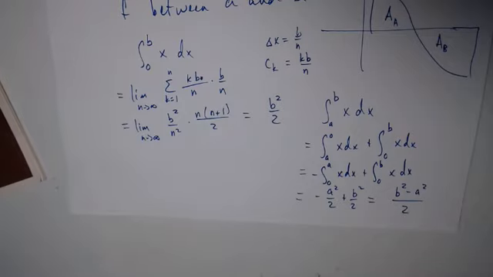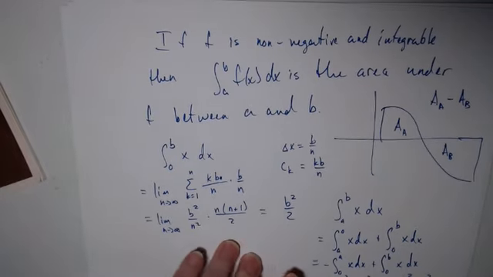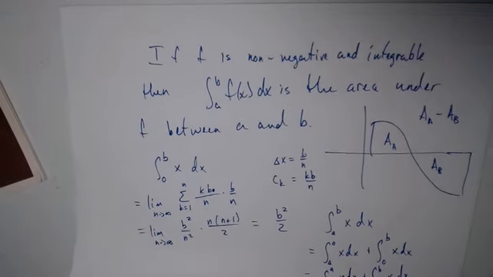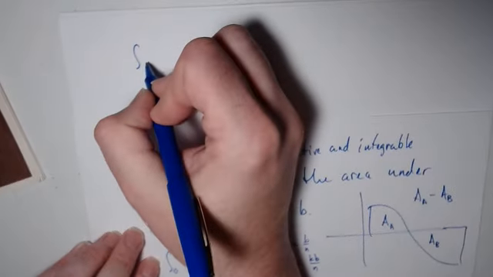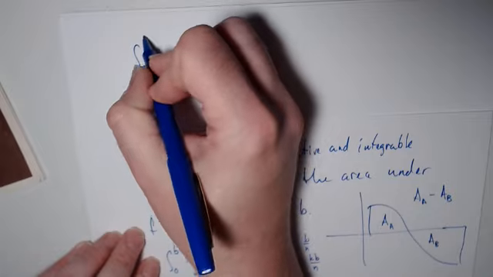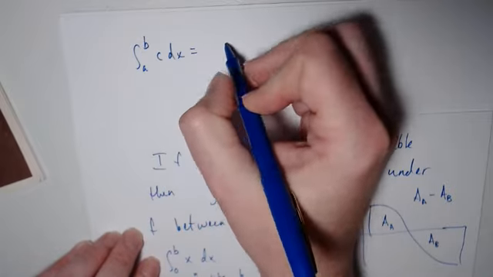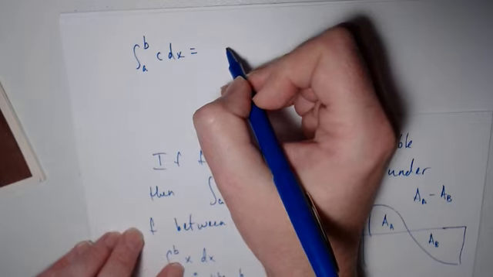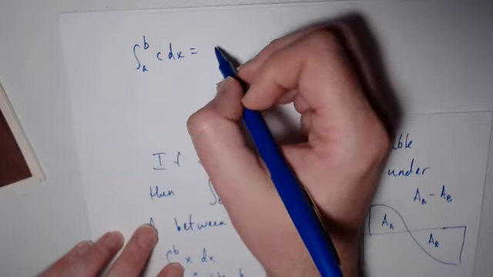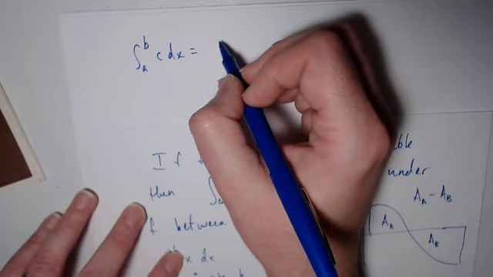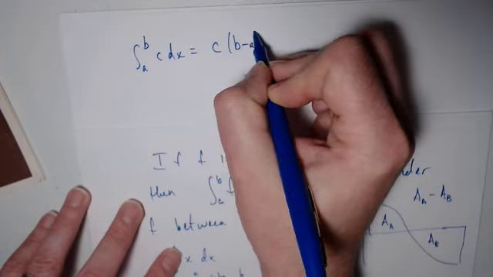We can do those kinds of calculations for other things, and this would be a good chance to test yourself. It's probably going to come up in the homework if you don't do it here, but you might pause and see if you can demonstrate for yourself why the integral of c from a to b dx is equal to c times b minus a.